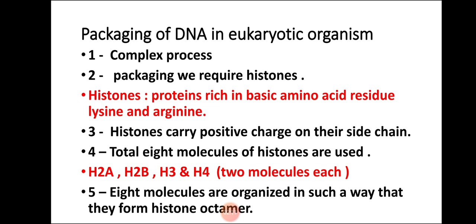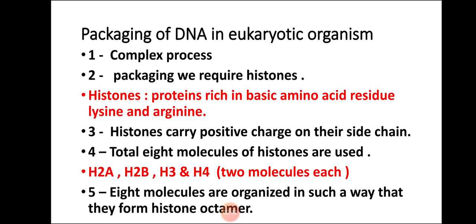These histones carry positive charge on their side chain. In total, we require 8 molecules of histone, that is H2A, H2B, H3 and H4, 2 molecules each. These 8 molecules have to be arranged in a proper way, and they are organized in such a way that they form the histone octamer.